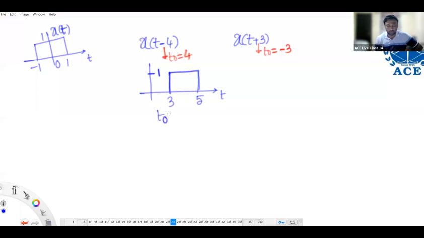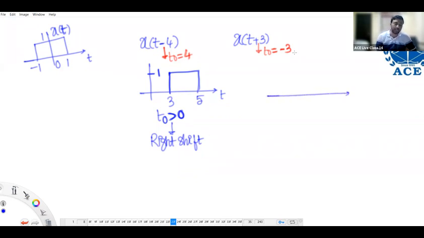In the t minus t naught form, t naught positive means right shift. The original signal is right shifted by 4 units.